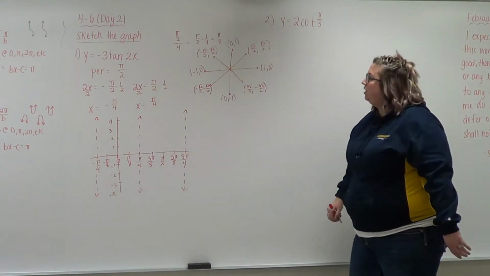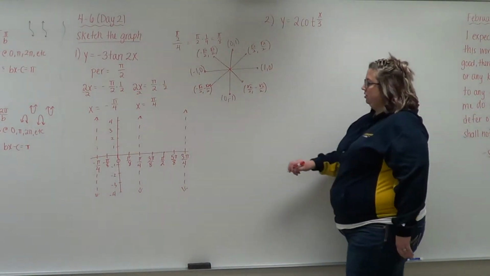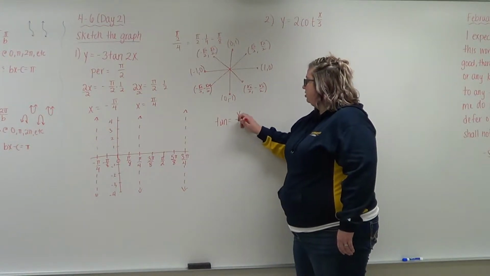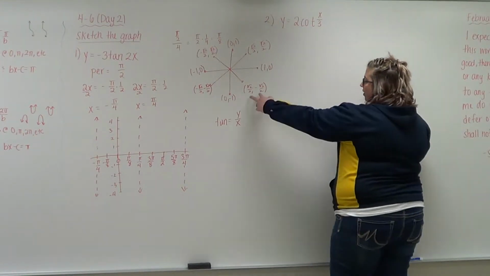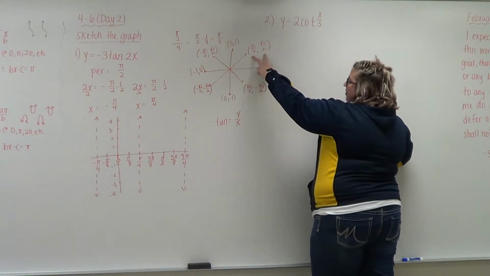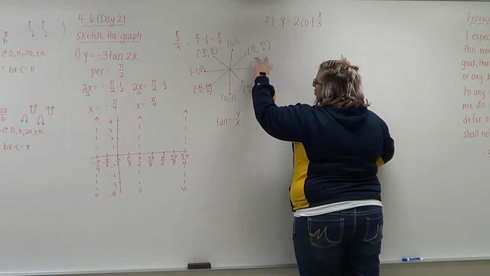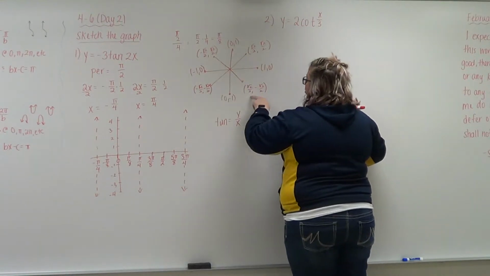Okay, and because tangent is equal to y over x, at all of these 45s, if I take y divided by x, I'm either going to get 1, on quadrant 1 and quadrant 3 you get 1, quadrant 2 and quadrant 4 you get negative 1.